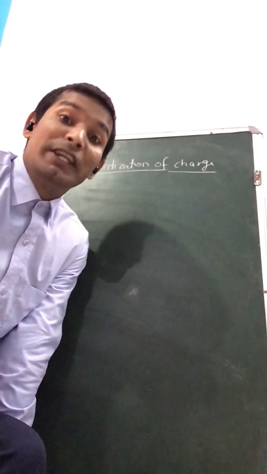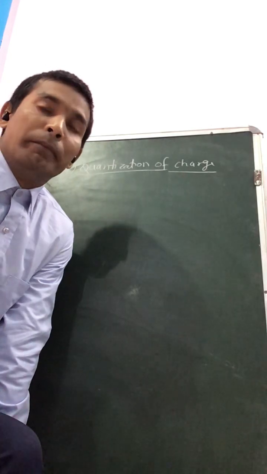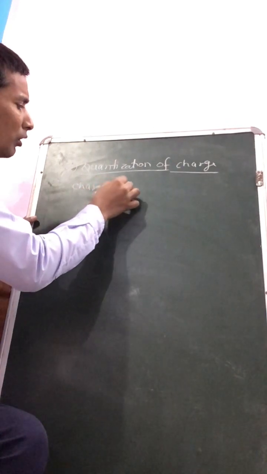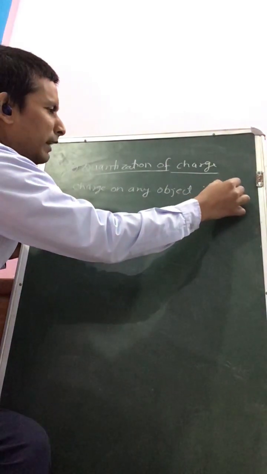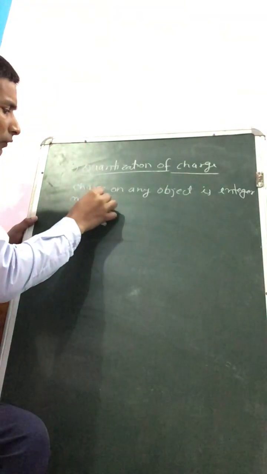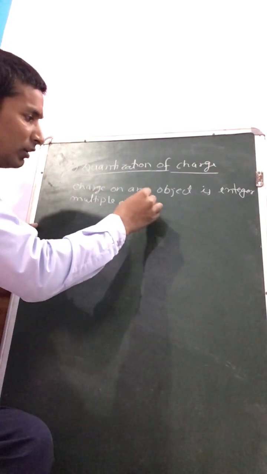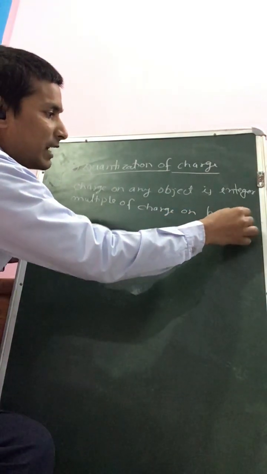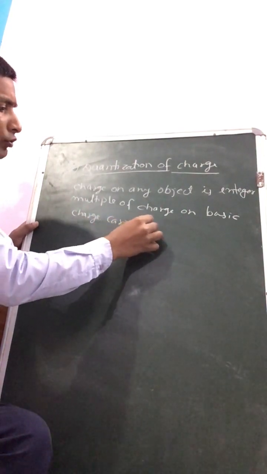Charge on any object is an integer multiple of the charge on the basic charge carrier. Charge on any object is integer multiple of charge on the basic charge carrier. So what is the basic charge carrier?